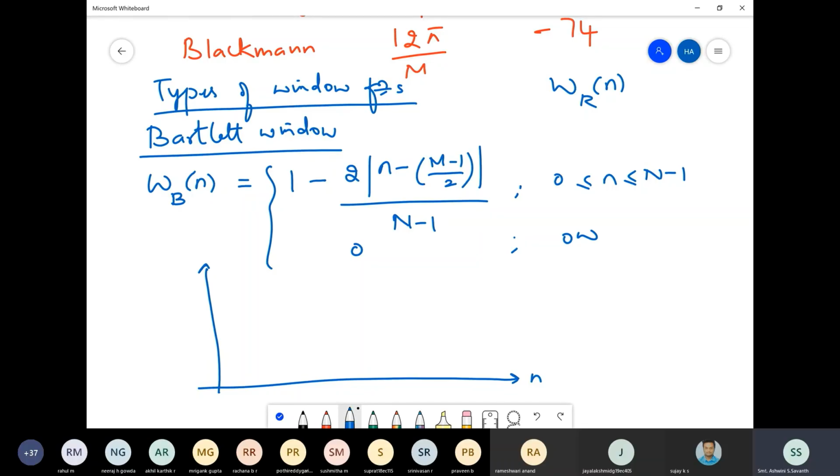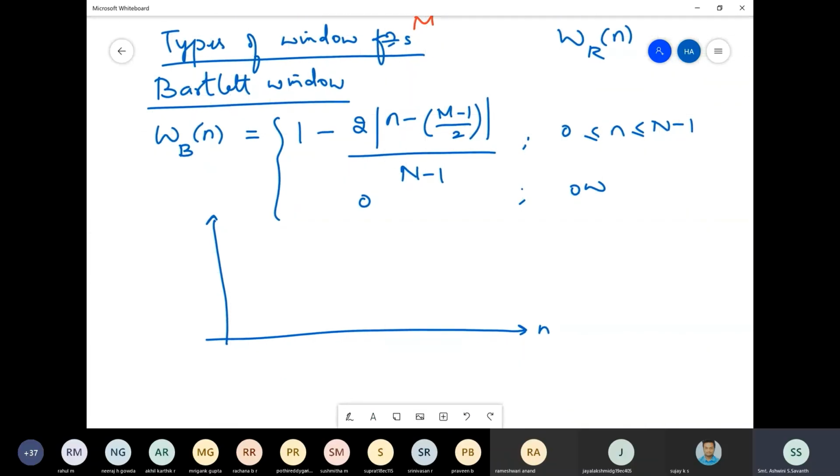It is observed that these ripples can be reduced to a certain extent if you have a tapering window instead of a flat rectangular window. Then the ripples, or the Gibbs phenomenon, would be much lesser. That is the reason these different windows are taken.